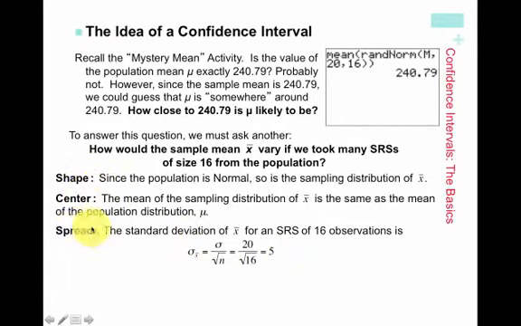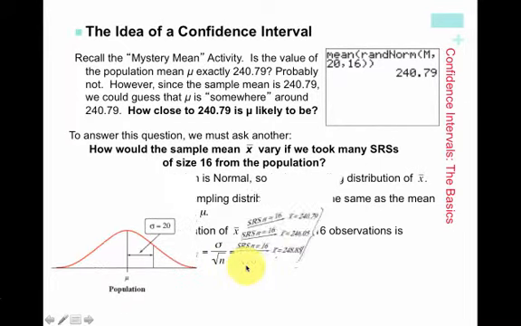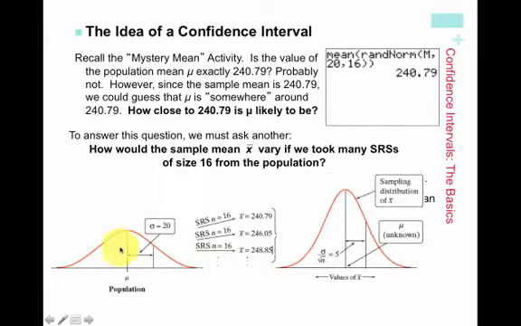These are skills we saw in the sampling distributions chapter. And we get this sort of picture going on. We have our population with some mu and a standard deviation of 20. We sample a bunch of times, get a bunch of different means, and we create the sampling distribution. And we don't know mu, but we know that the standard deviation of the means is 5.